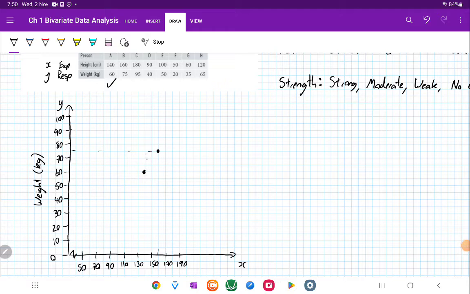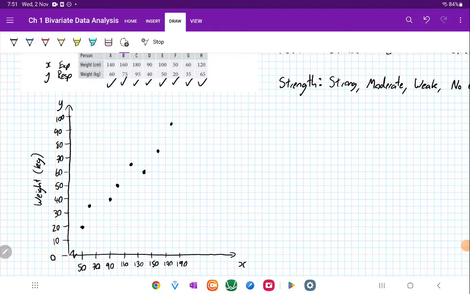Alrighty, and I'm just going to keep repeating that until I've got all my points done. Alrighty, so I can double check that I've plotted enough points. There should be 1, 2, 3, 4, 5, 6, 7, 8, and there should be 1, 2, 3, 4, 5, 6, 7, 8. So you can kind of just quickly double check that you've got enough.